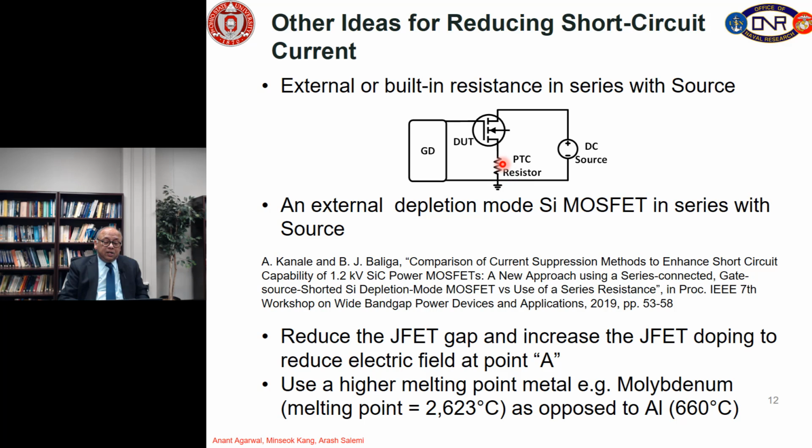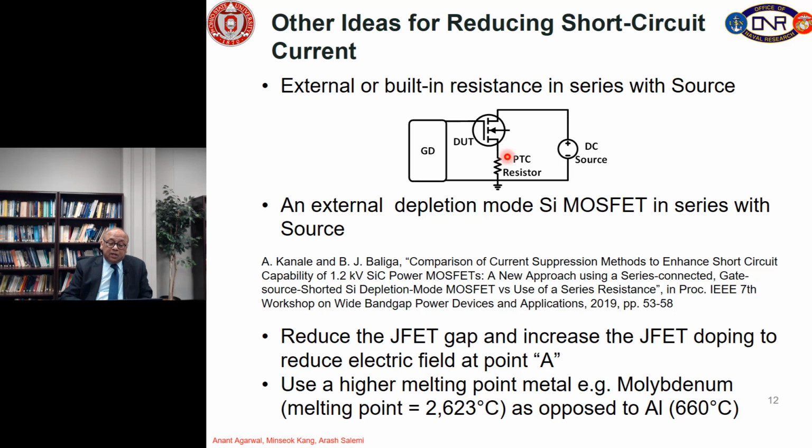So under the on state there is current flowing, the drain current flows through this resistor, and under the on state this resistance is small, so the voltage drop across this resistance is small and nothing really changes too much.